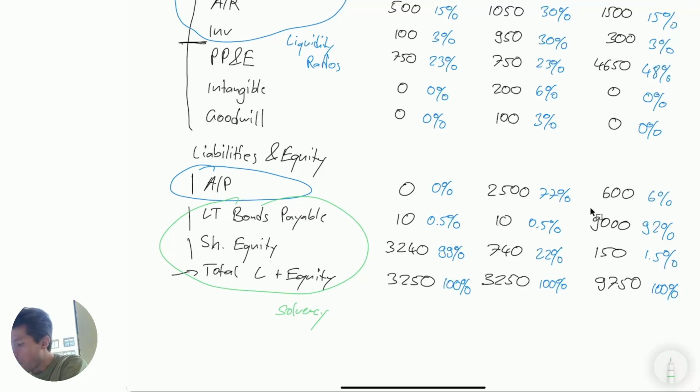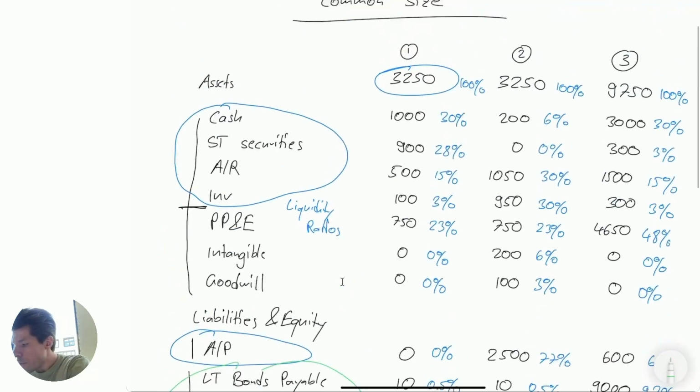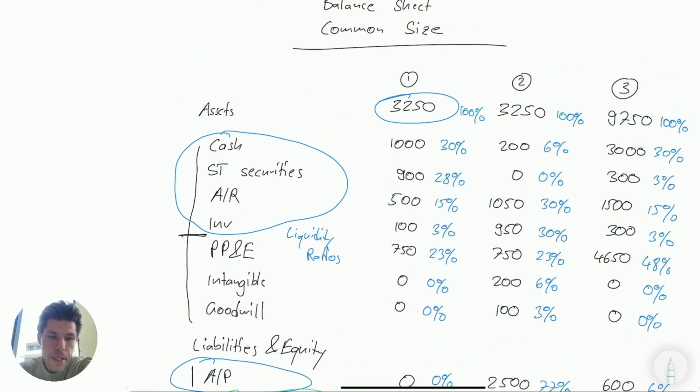So we can learn more about the solvency risk, but also about the capital structure of the companies and compare them. Very lastly, you don't need to do this necessarily with three companies. You could also do the same for one company at different points in time to see what has changed over the course of a few years.